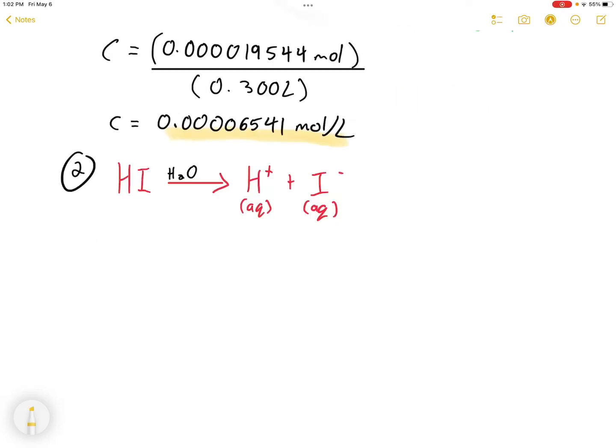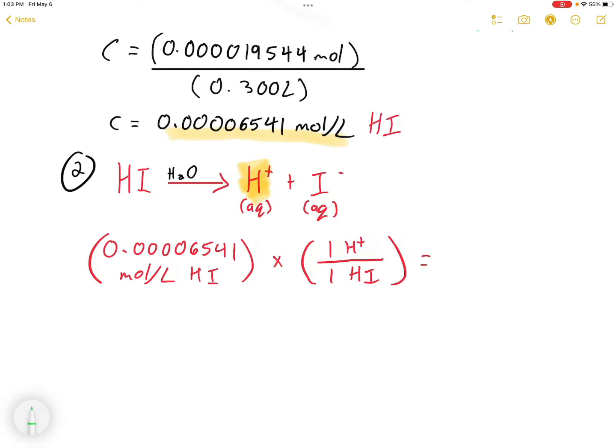Here we have the ionization of hydroiodic acid now, or HI, and of course the interest in us developing this equation is to get our hydronium ion concentration over here. Using stoichiometry, that would give us the following. One thing we should mention is that the concentration that we found in the previous step was, of course, for HI over here.